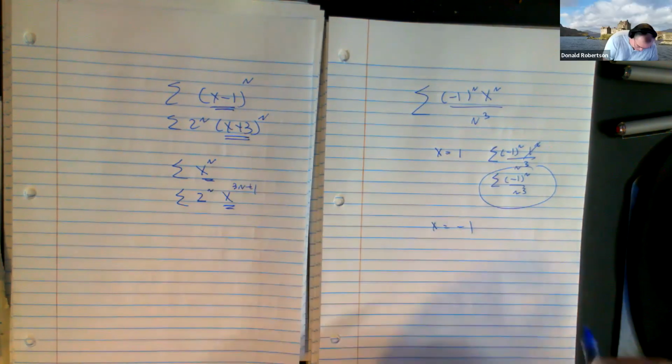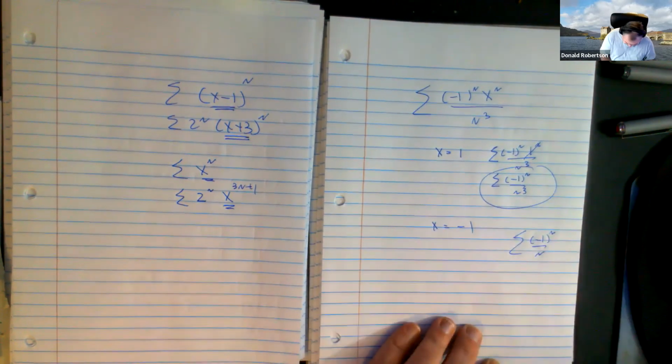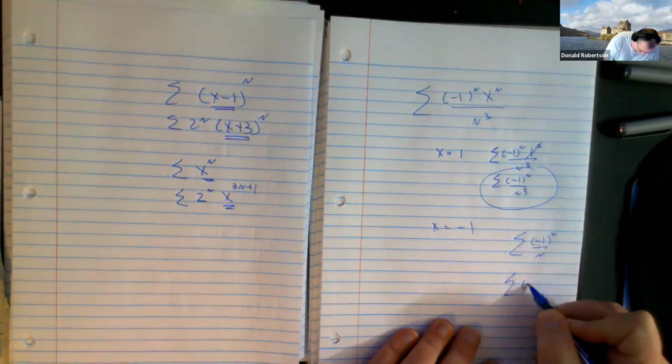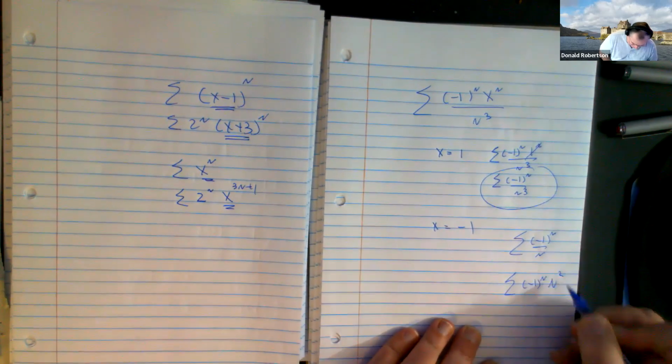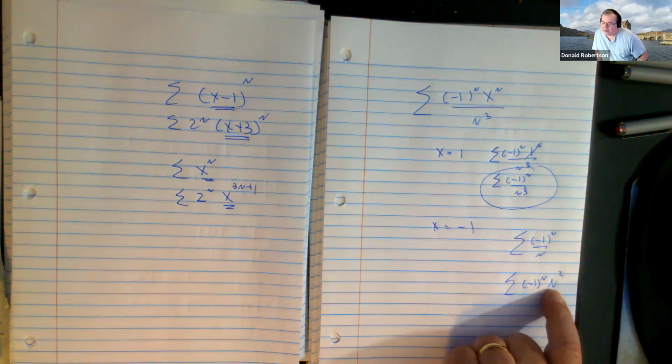Now, if I had an alternating series that looked like that, same thing. But if I had an alternating series that looked like that, I know it diverges. And how do I know it? That doesn't tend to 0, and it's also increasing, both of which will kill it.